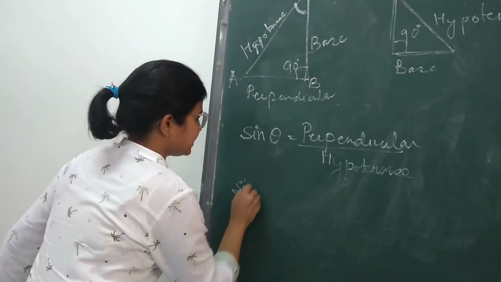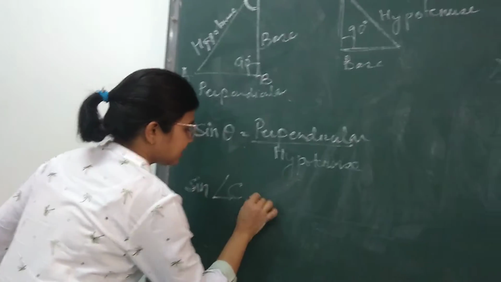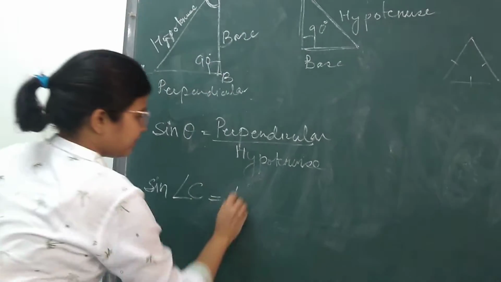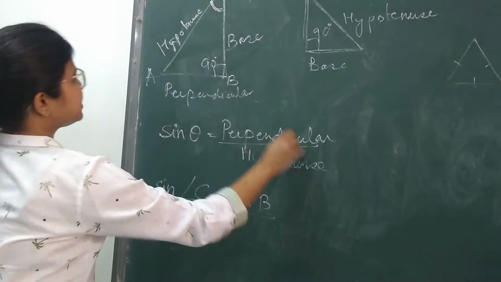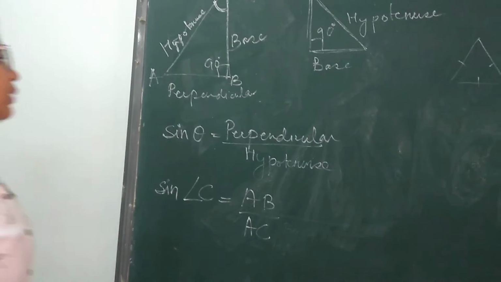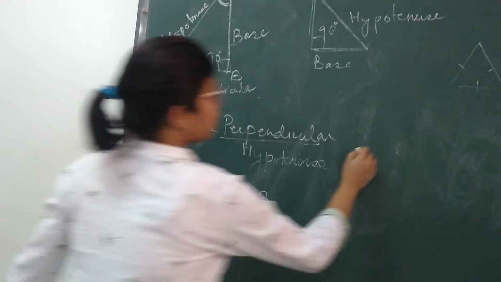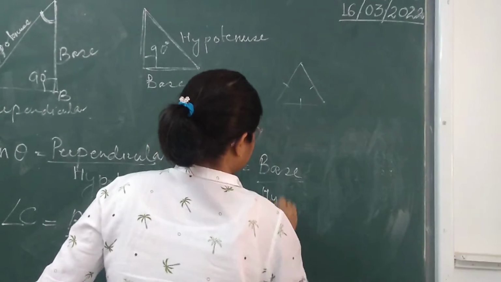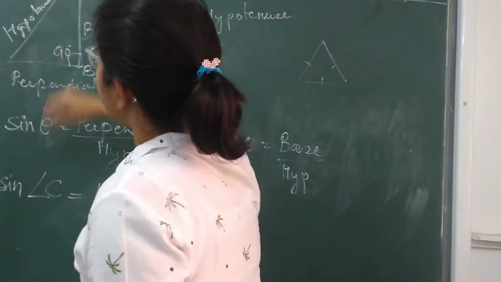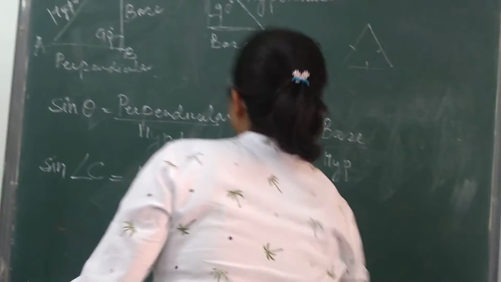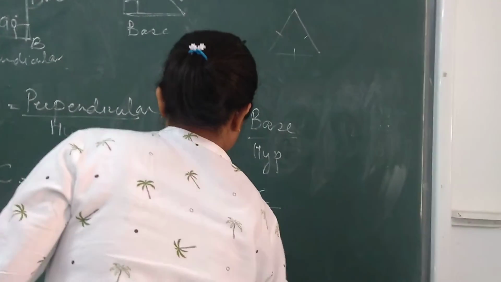Suppose I say sine C, it will be perpendicular, where perpendicular is AB and hypotenuse is AC. Similarly, we can go for cos theta. Cos theta is base by hypotenuse. So base here is BC and hypotenuse is AC.